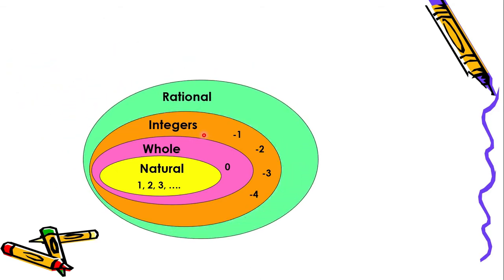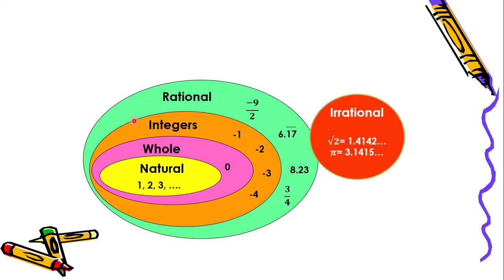And if the set of integers, positive numbers, 0, together with negative numbers, is added with fractions that are repeating or terminating numbers or decimals, like negative 9 over 2, 6.17 bar, 8.23, those are what we call rational numbers or the set of rational numbers.